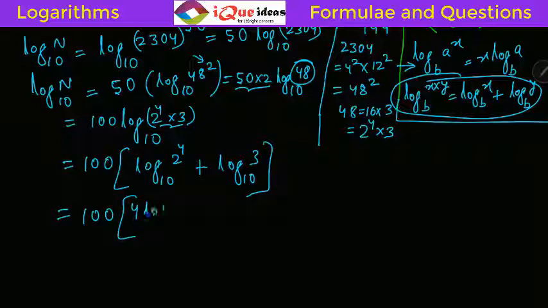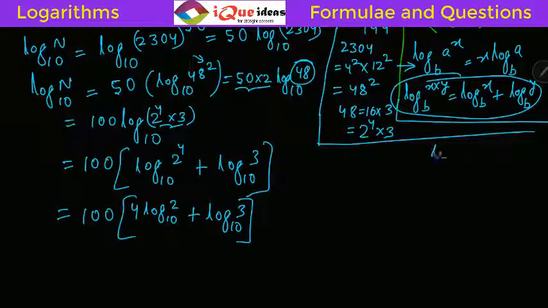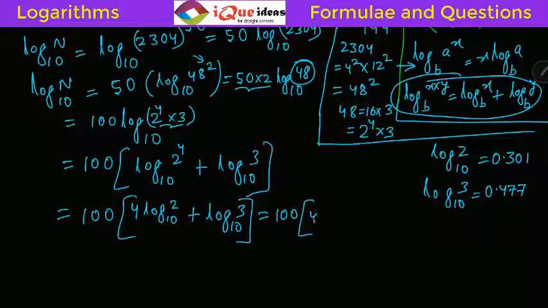So it is 4 log 2 to the base 10 plus log 3 to the base 10, right? Now the values of log 2 and log 3 were given in the question. Log 2 to the base 10 was given as 0.301, and log 3 to the base 10 is given as 0.477. Put these values here. So this becomes 100 into 4 into 0.301 plus 0.477.